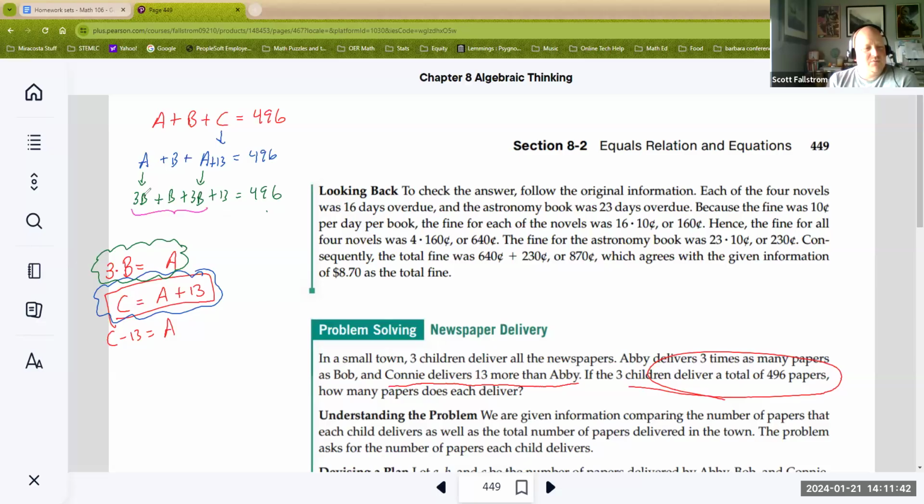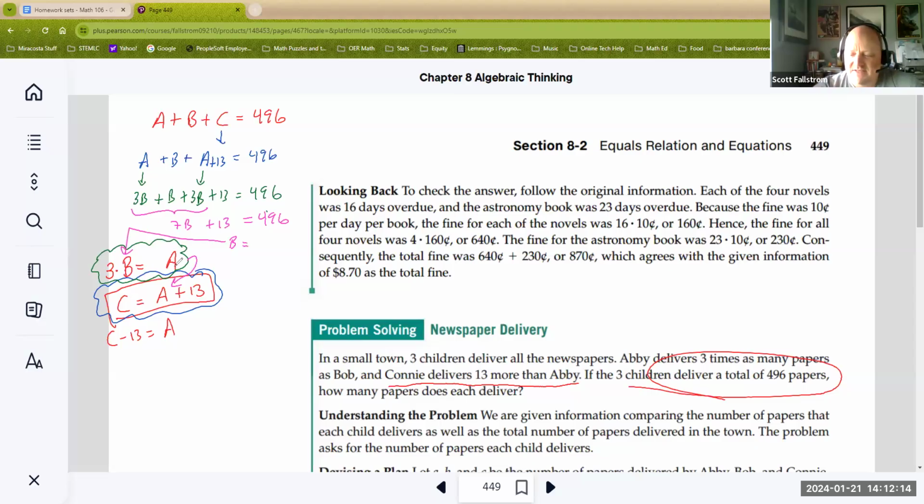So 3 B's and 3 more B's is 6, plus 1 more is 7 B's, plus 13 is 496. And if I remember my steps, if I want to use the magic boxes, I'd say, oh, I'd multiply by 7, then add 13. So I would take 496, and I'd subtract 13, and then divide by 7. And that would get me back to how many papers Bob delivered. And of course, once I know Bob, I can figure out how many Abby delivered. And once I know Abby, I know how many that Connie did.